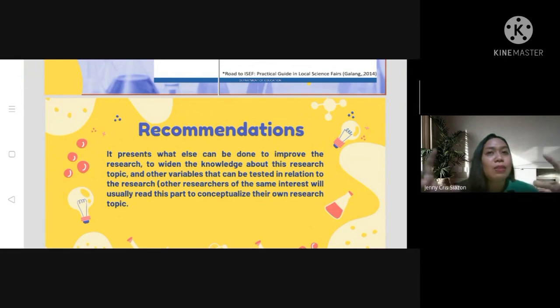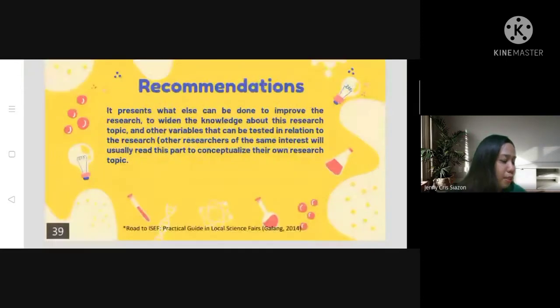Pwede mong ilagay dito yung mga properties or variables na hindi mo na isama sa research mo. Kasi pwedeng ito yung maging references, no? Ito yung maging references sa mga future researchers, no? Itatry naman nila ngayon yung hindi mo na-try. Okay? So that's the importance of recommendation.